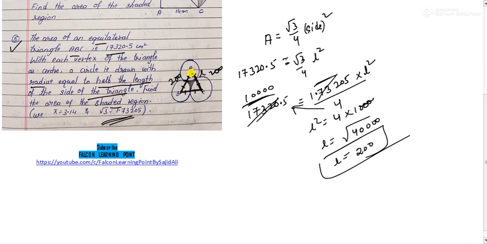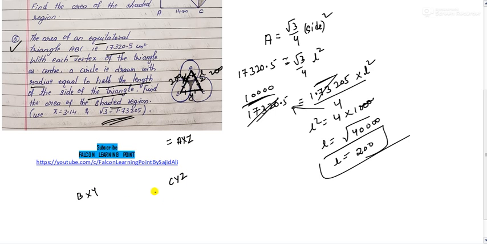Now to find the area of this, if I name this as X, this is Y and this is Z. So area of sector AYZ. Similarly, I can find AXZ, BXY, and similarly CYZ.